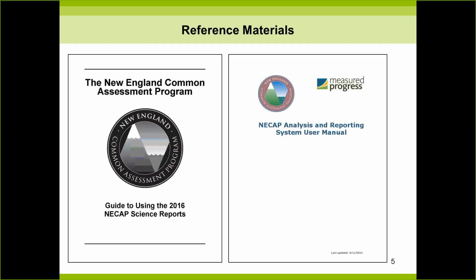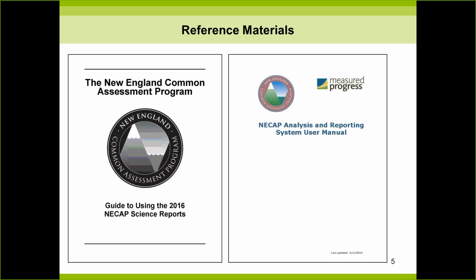Measure Progress produces two main reference documents for NECAP Science reports. The first of those two documents is the Guide to Using the 2016 NECAP Science Reports. This guide covers topics such as the history of the NECAP Science assessment, how to access NECAP reports, understanding and using NECAP reports, explanations of the achievement levels, test design and development, and psychometrics.